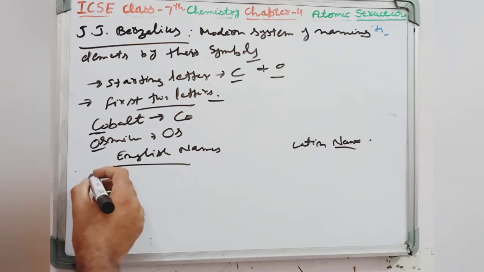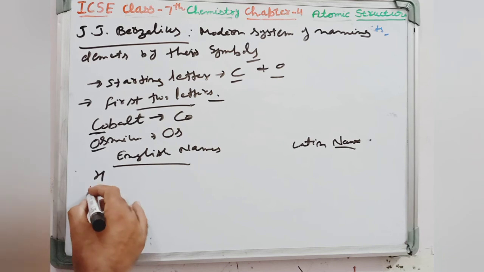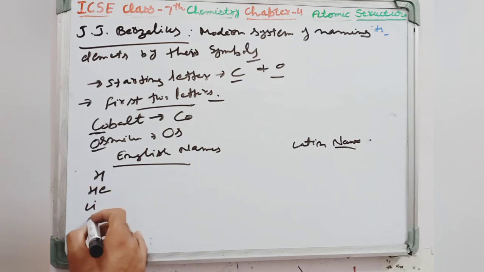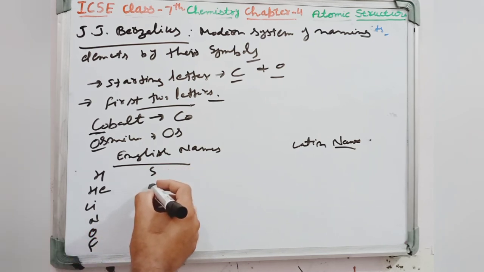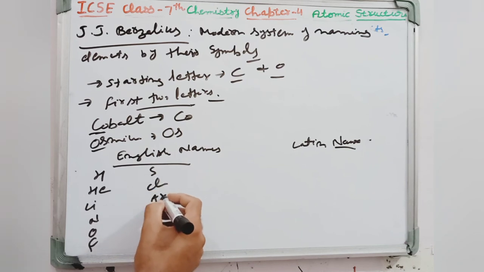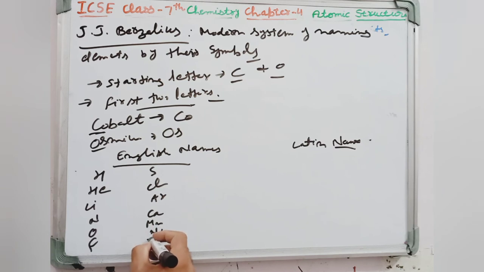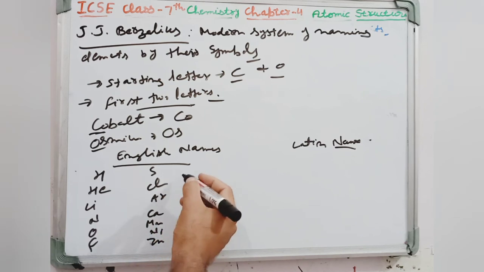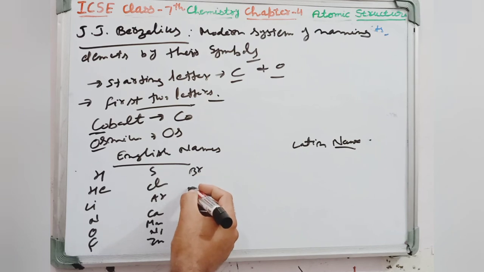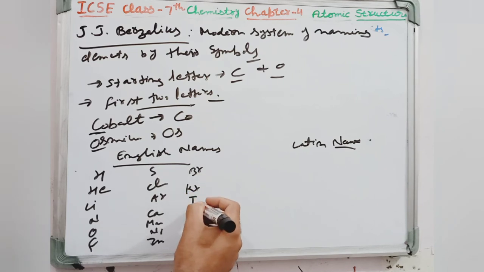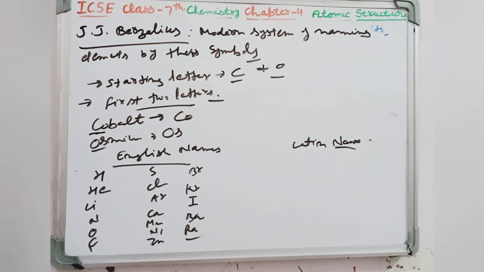English names: for hydrogen we use H, helium He, lithium Li, nitrogen N, oxygen O, fluorine F, sulfur S, chlorine Cl, argon Ar, calcium Ca, manganese Mn, nickel Ni, zinc Zn, bromine Br, krypton Kr, iodine I, barium Ba, radium Ra. Right? These are all given in your book.